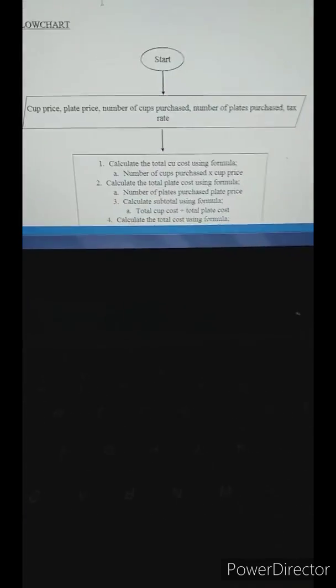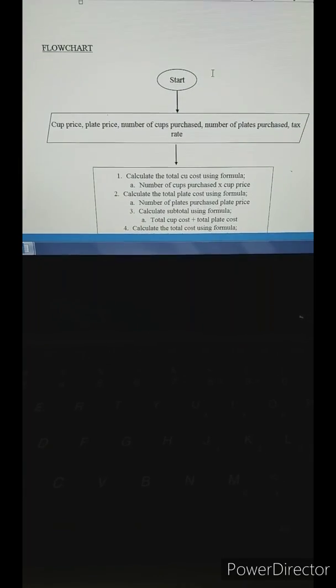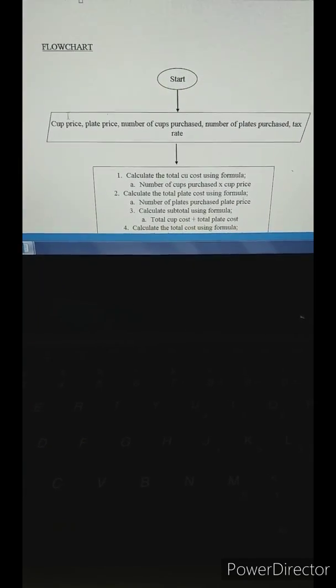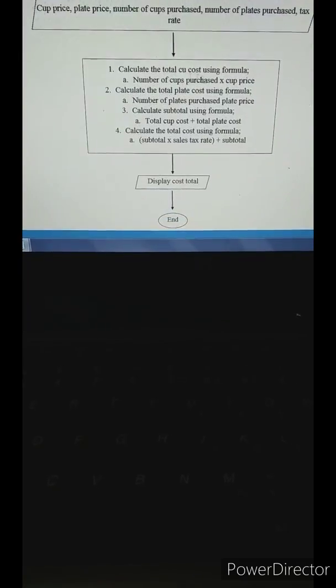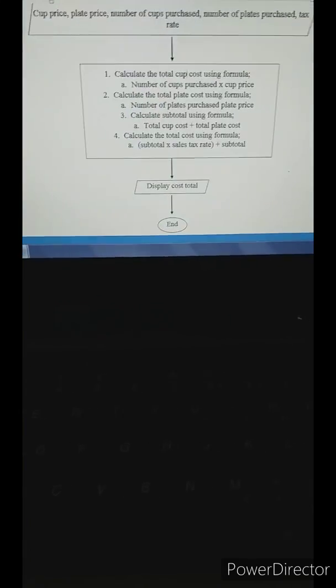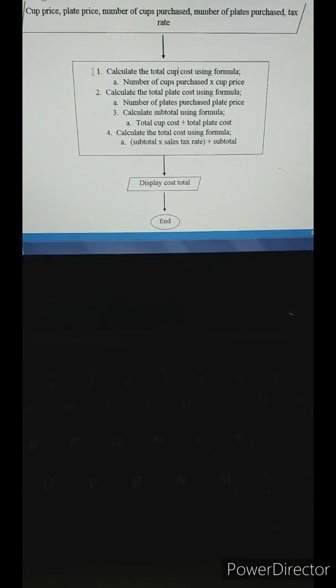Here's the flowchart, same as the IPO. Start, and then the input will be cup price, plate price, number of cups purchased, number of plates purchased, tax rate. Calculate the cup cost using the formula number of cups purchased multiply cup price.